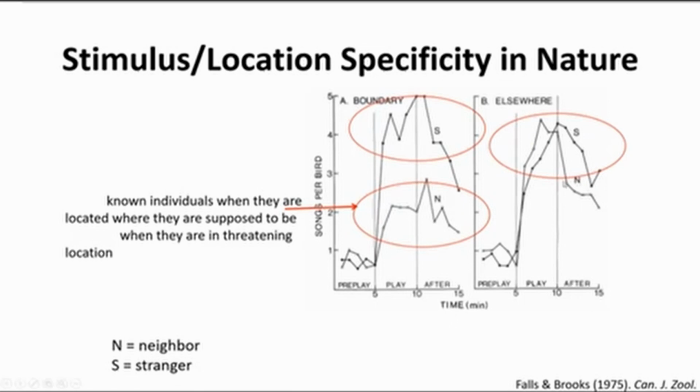If you're in their territory, within their protected area, they're going to aggressively sing back at you no matter what because of the location. So we're seeing a specificity to both the stimuli, whether it's familiar or new, and where it's being played. If it's outside of your territory, you don't care about some of them, but if it's inside your territory, everybody's a threat. So we see this interesting breakdown of specificity, which is so cool.